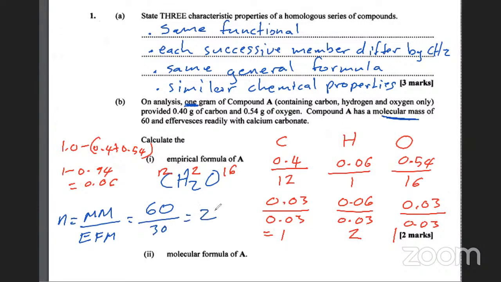The answer there is 2. To get the molecular formula, you multiply the empirical formula by whatever you get for N. You times it by 2, and you will get C2H4O2.